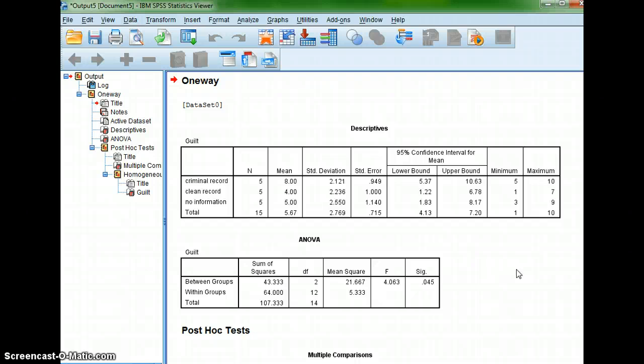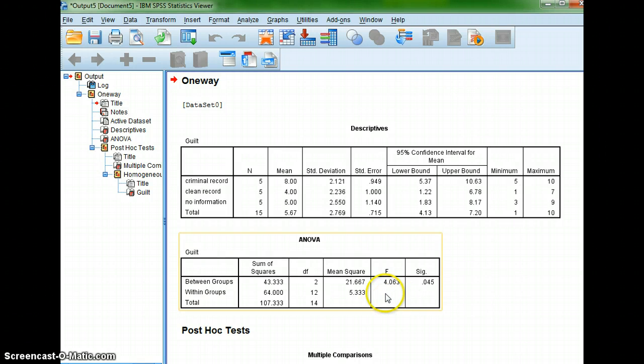All right? And so with my ANOVA, you can see that my degrees of freedom for my between groups difference is 2 because I had 3 groups minus 1. And then my degrees of freedom for within groups is going to be 12, which is 15, the total number, minus the number of groups, which was 3.